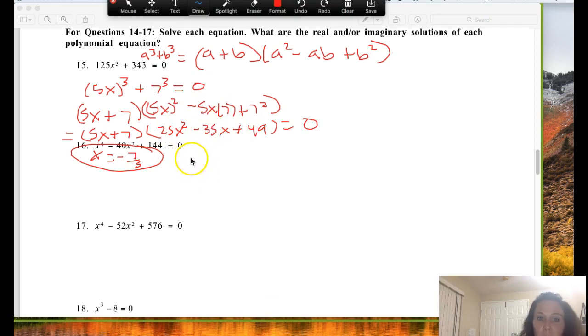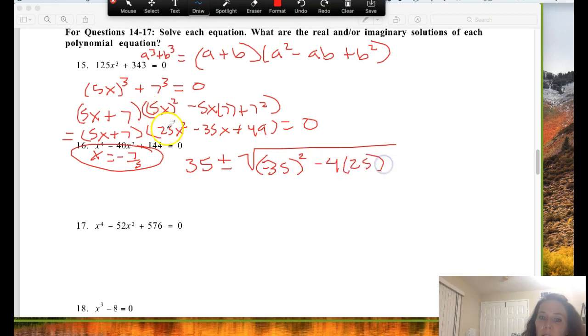So we're going to go negative b, so negative 35, which makes positive 35, plus or minus the square root of b squared. So negative 35 squared, minus 4 times my a value, which is 25, times my c value, which is 49, all over 2a.